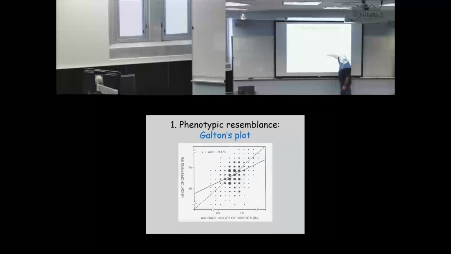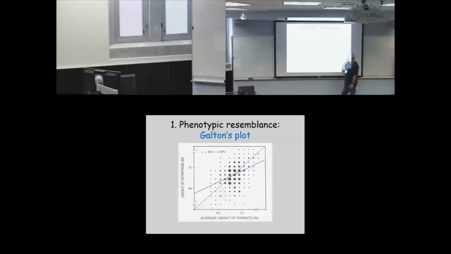So here are parents whose average height was about 69 inches. That would be 5 foot 9 inches tall. I'm sorry, we're in British units. And this is the average height of offspring. And I can't remember what we do about, I guess we're probably averaging sons and daughters, I think is what we're doing.